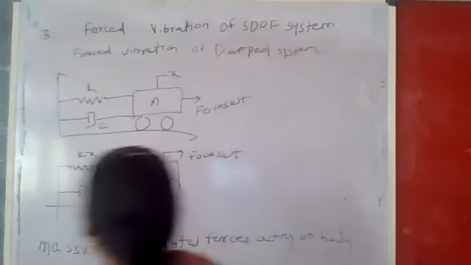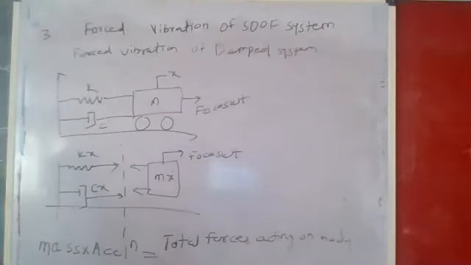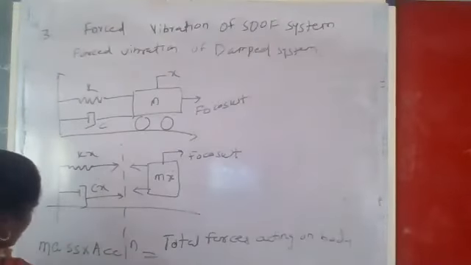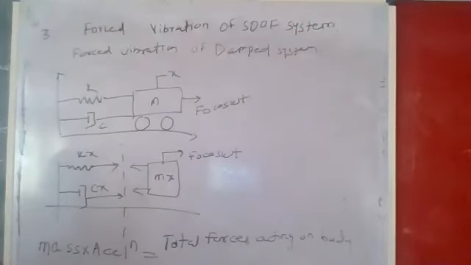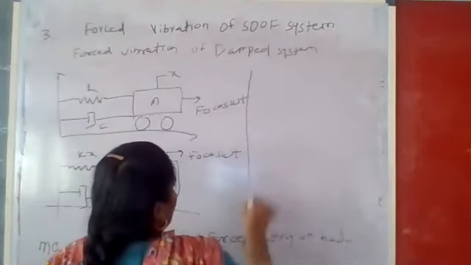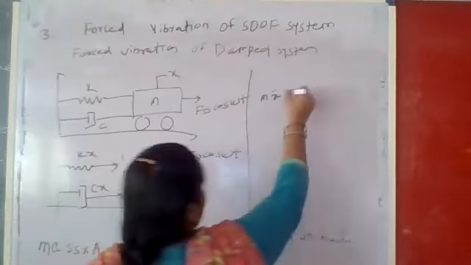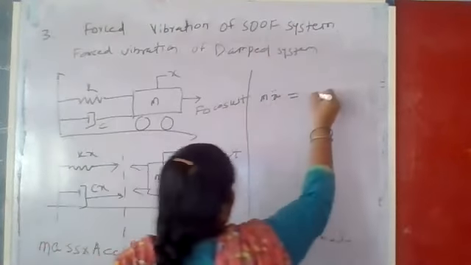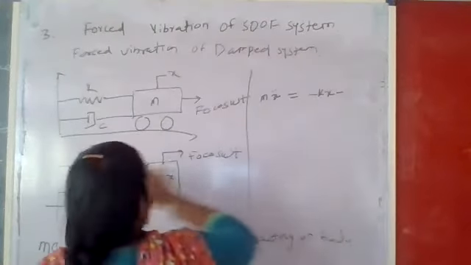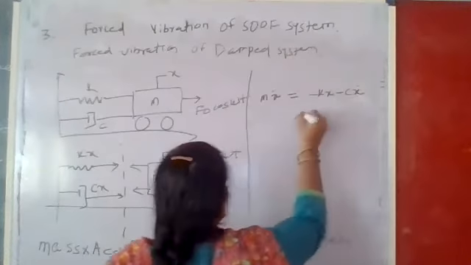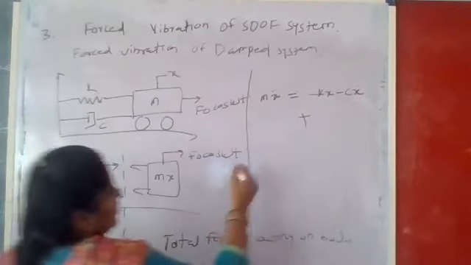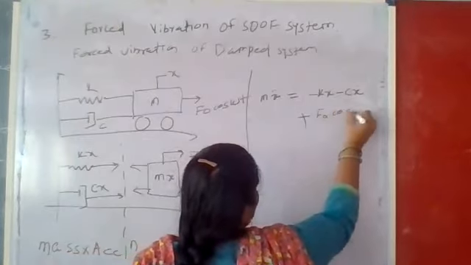Based on this, taking the plus and minus signs, the equation is Mx double dot equals minus Kx minus Cx dot plus F naught cos omega t.